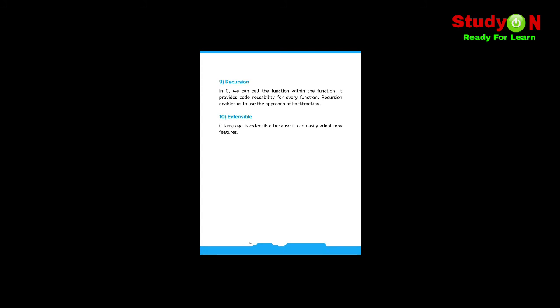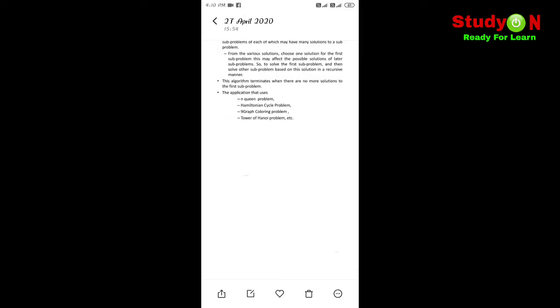What is backtracking? Backtracking is a designing technique used to solve a series of subproblems, each of which may have many solutions. From the various solutions, choose one solution for the first subproblem. This may affect the possible solutions of later subproblems.